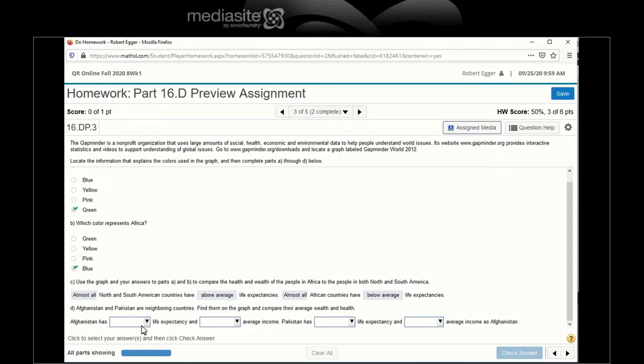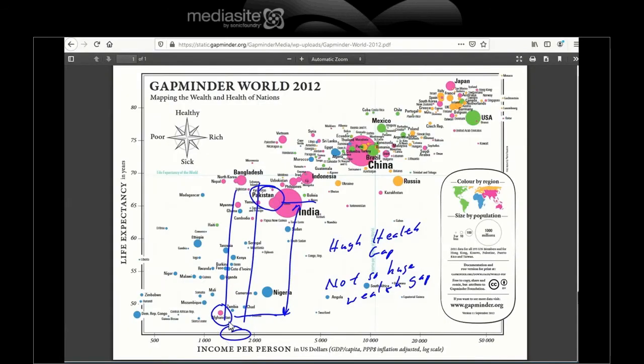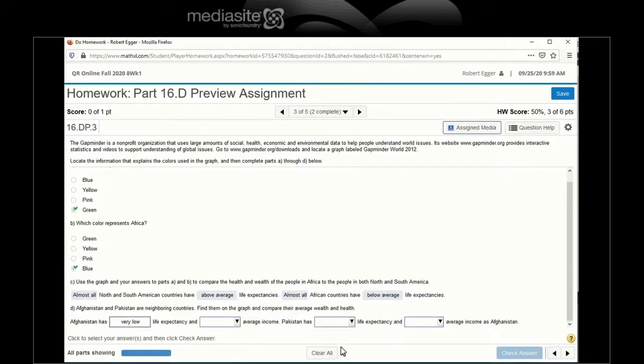Afghanistan has very low life expectancy compared to the average, I guess, and low average income.